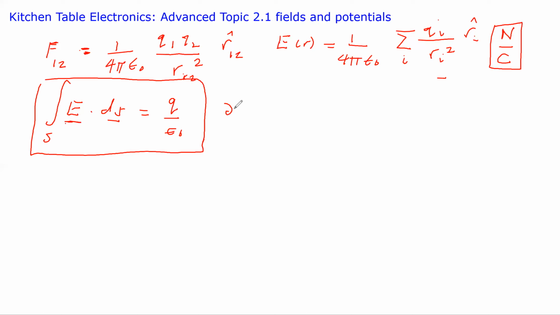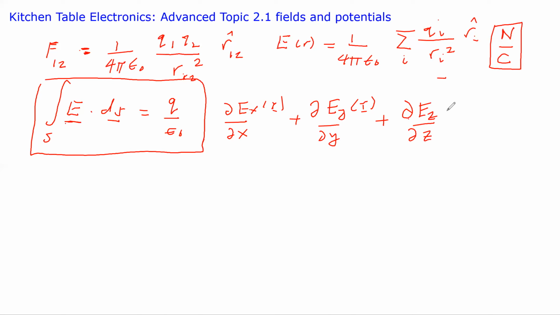The result is then that the partial derivative of the x component of the field at point r with respect to x, plus the partial derivative of the y component of the field at some point r with respect to y, plus the partial derivative of the z component of the electric field with respect to z at some point r is equal to the density of charge at that point r divided by epsilon 0.